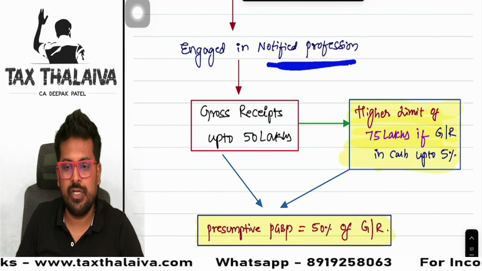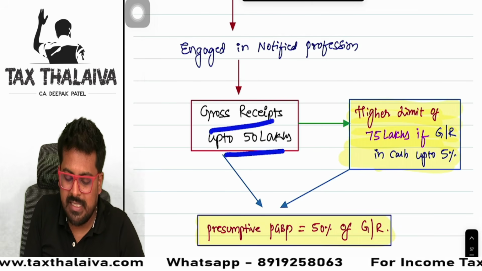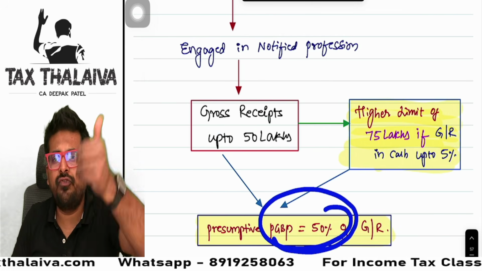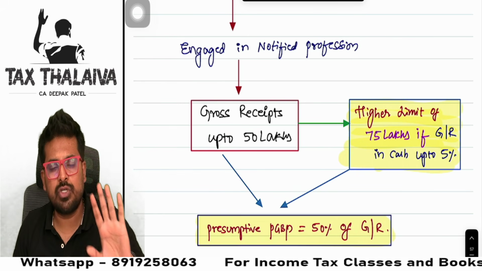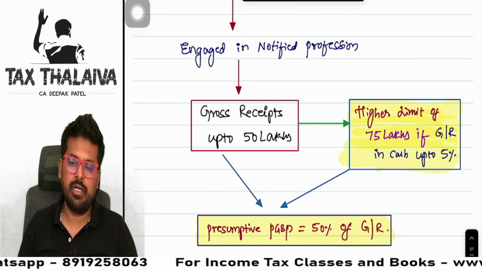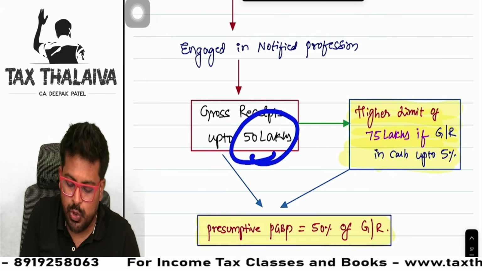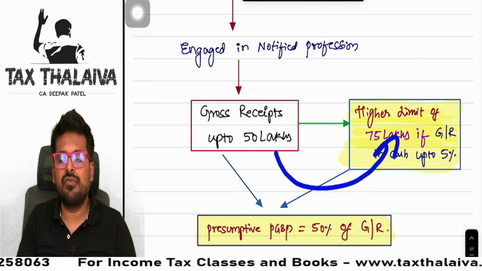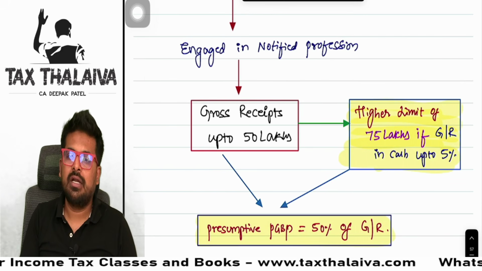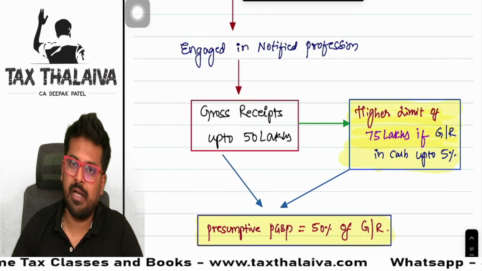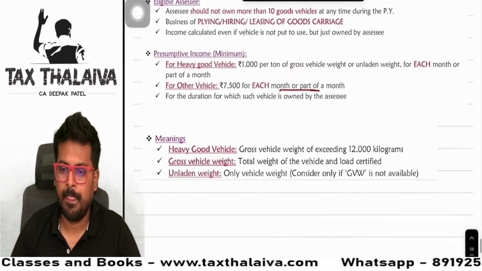Engaged in notified professions, if the gross receipt is up to 50 lakhs, straight away 50% of your gross receipt you can offer as PGBP income. No need to maintain books of accounts, no need to get your books of accounts audited. And this 50 lakhs you can raise to a higher limit of 75 lakhs if more than 95% of your transactions are happening through prescribed modes of payment.